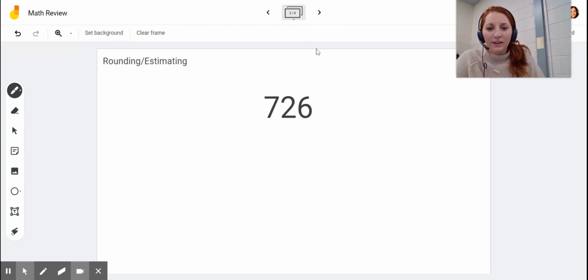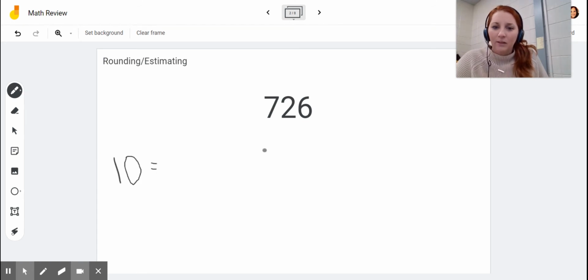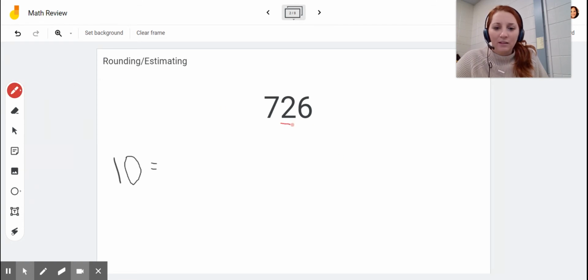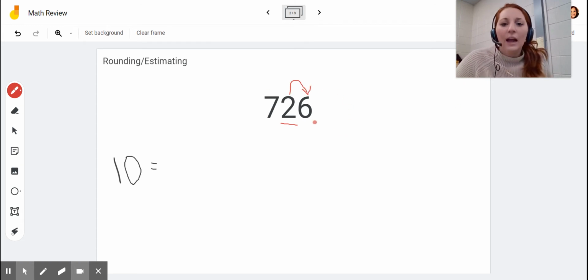All right, another example, 726. Let's round it to the nearest 10. Okay, so in order to round this to the nearest 10, I need to underline the number in the 10 spot, draw an arrow to the number in the ones because it's directly to the right. 4 or less, let it rest. 5 or more, raise the score. And it's a number 6.